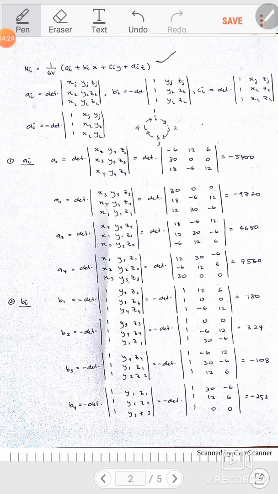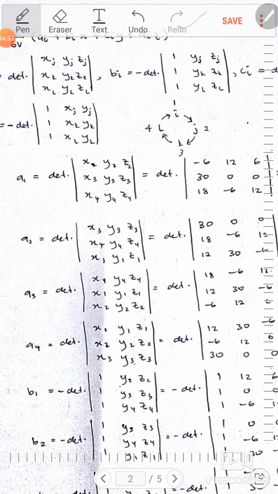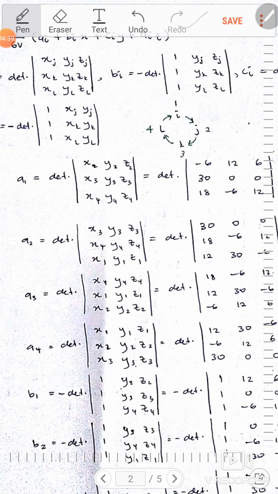So let's start with Ai, equal to a determinant, and this is the general equation. I can make it a circle for you. I means node number 1, J node number 2, K node number 3, and L node number 4.